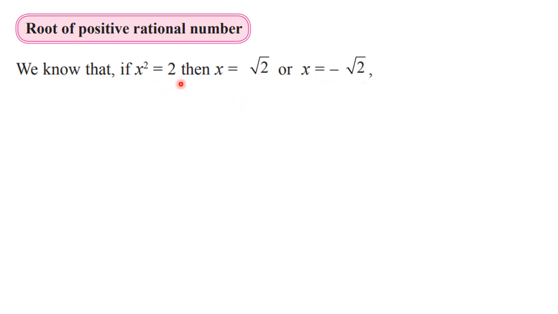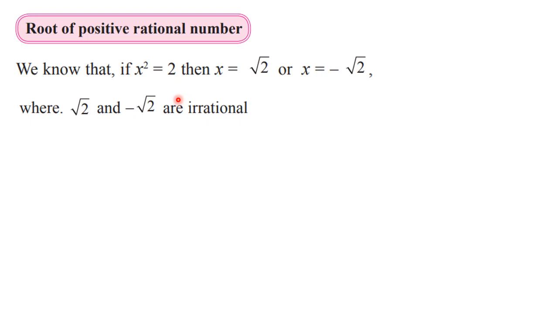Every square has two roots, one positive and the other negative. So whenever you solve x square is equal to 2 or p square is equal to 4, you need to write two roots, one positive root and the other negative root.